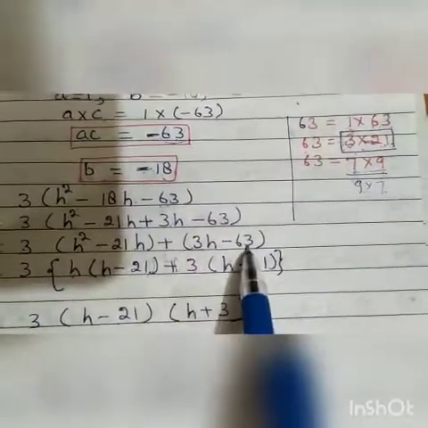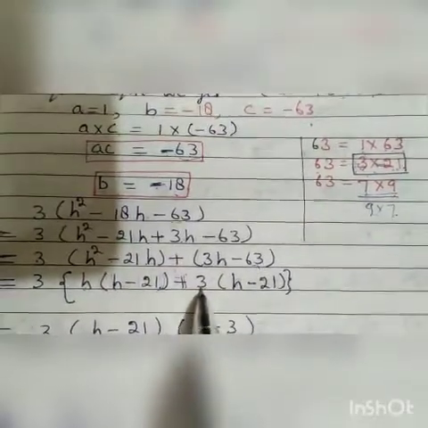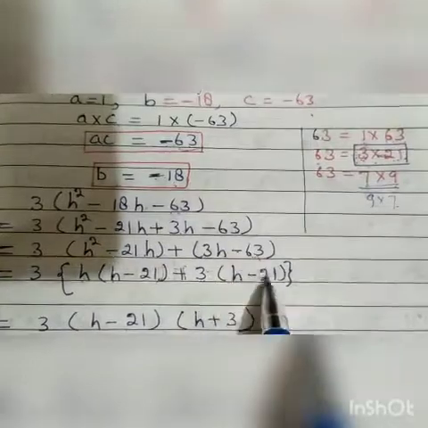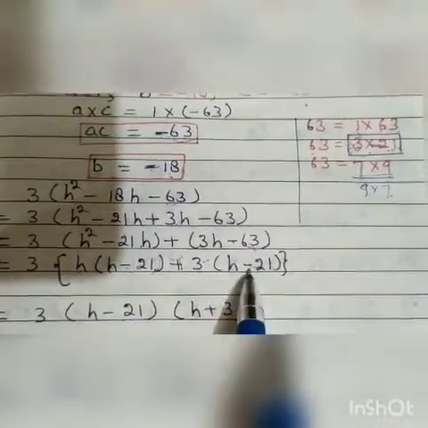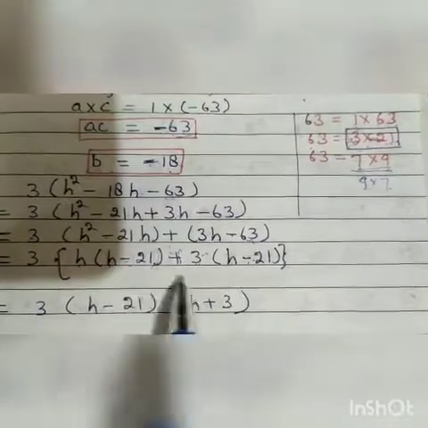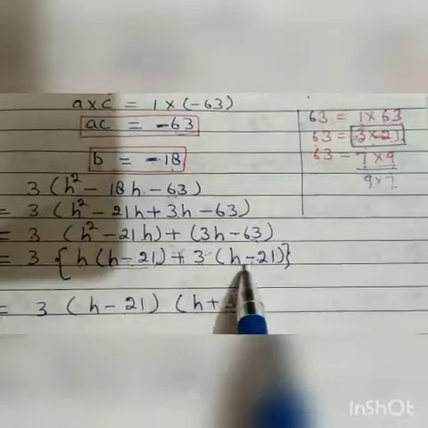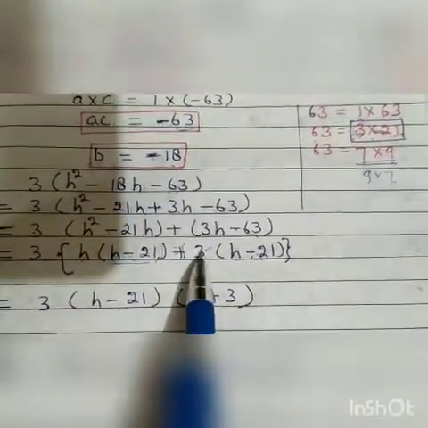We can take 3 common because 3 and 63 both are divisible by 3. So take 3 as common, h left from here, minus 3 times 2 is 6, 3 times 1 is 3. Now both the brackets are the same, with the same sign and same terms. So this 3 will be here. This h minus 21, h minus 21 again common from here, h left plus 3.